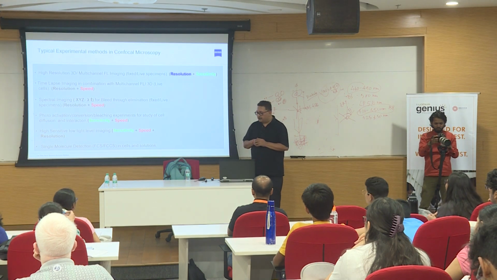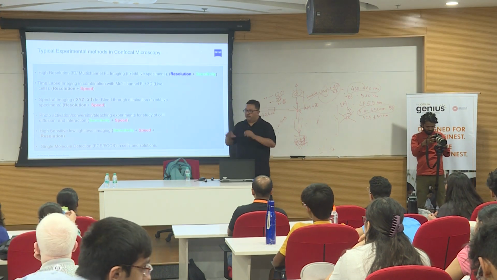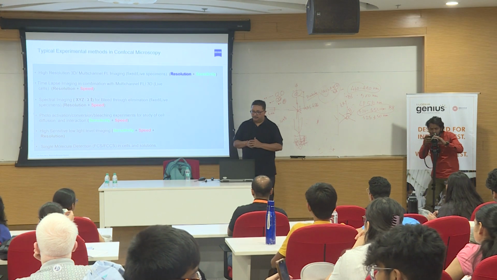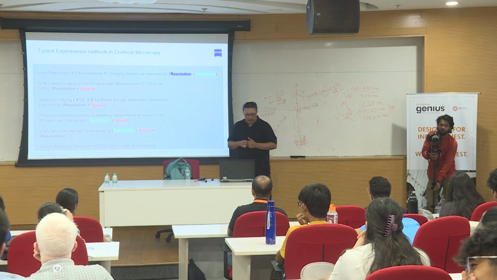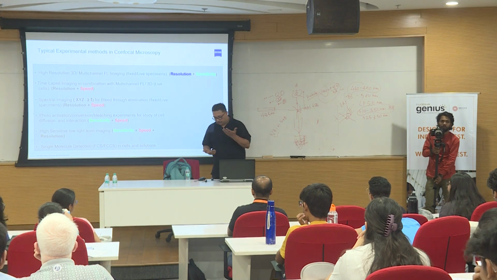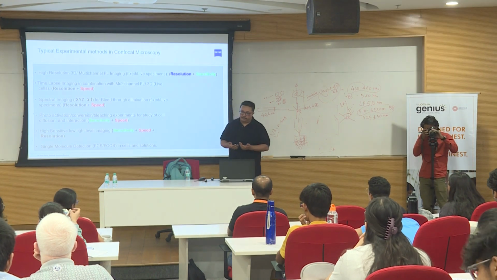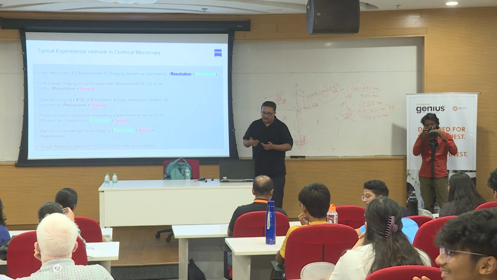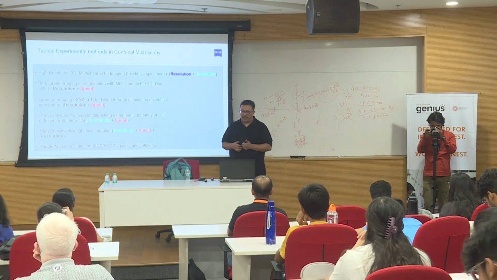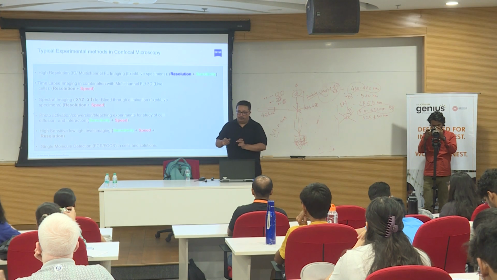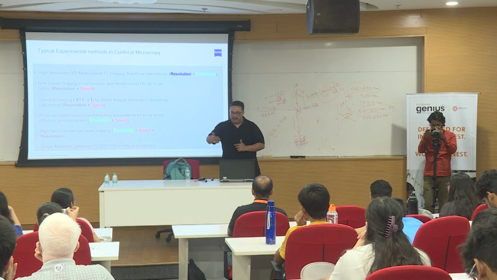So what do you mean by noise? If your signal is low, you try to increase the intensity by applying a better laser power, or by increasing the detector gain, or by applying a longer exposure time to a camera.